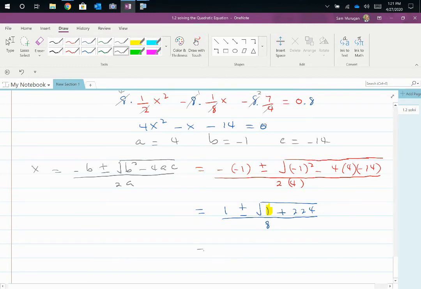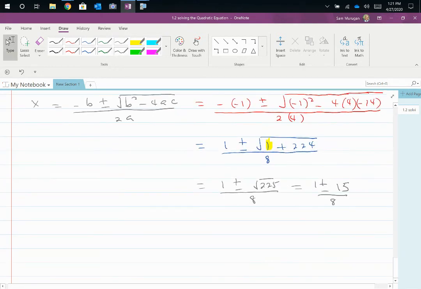So this yields 1 plus or minus the square root of 225 over 8, which is 1 plus or minus the square root of 225, which is exactly 15, over 8. So we've got two solutions, 1 plus 15 over 8, which is 2, and 1 minus 15 over 8, which is negative 14 over 8, which is negative 7 over 4. So your two answers, 2 and negative 7 over 4.